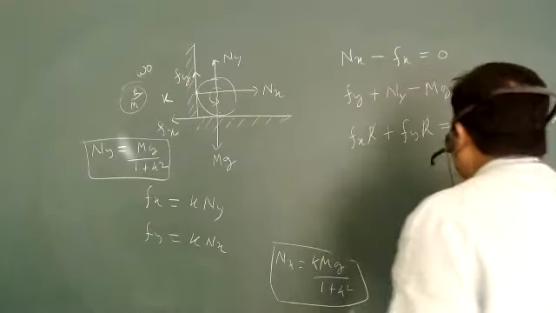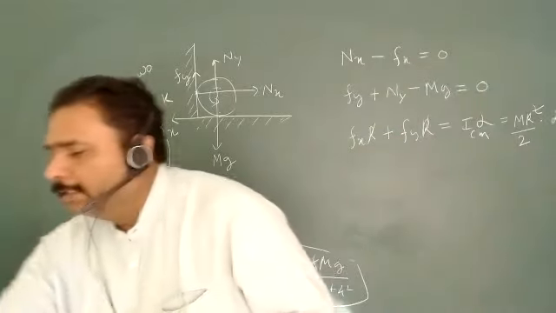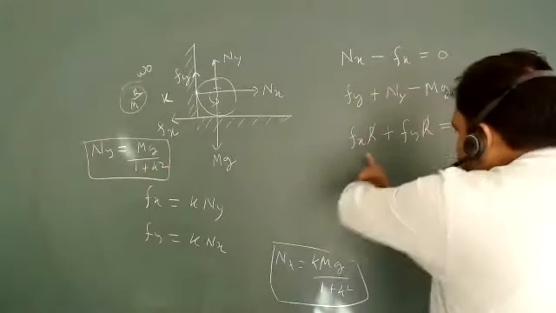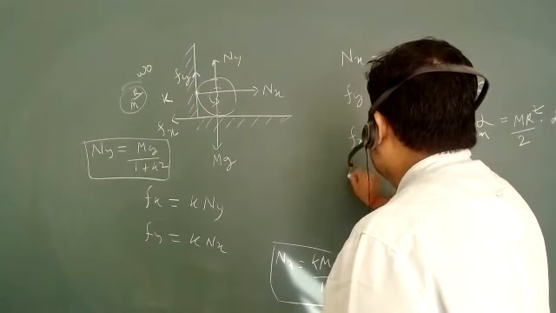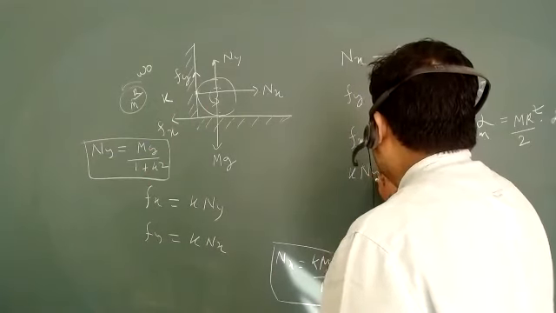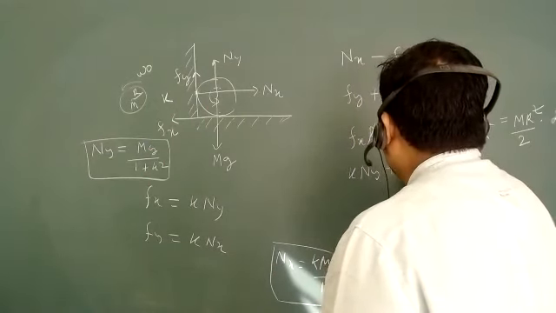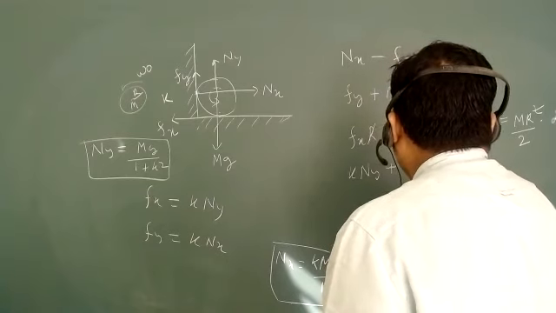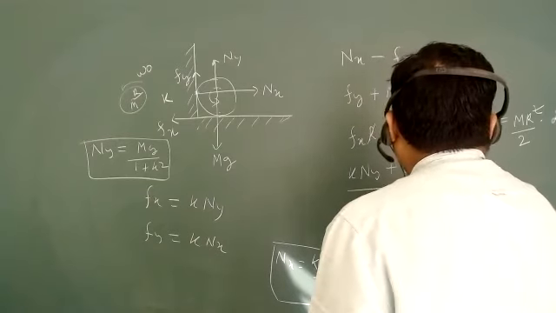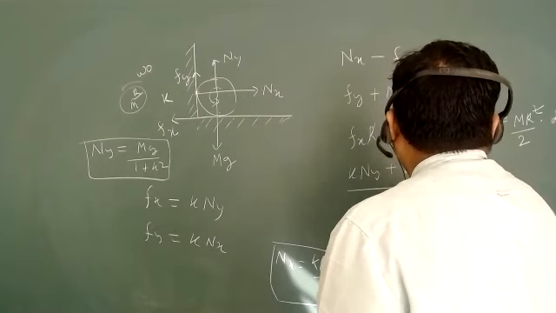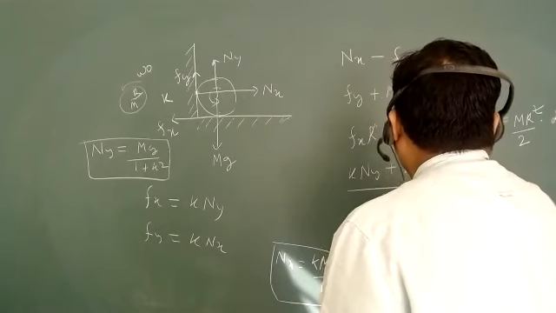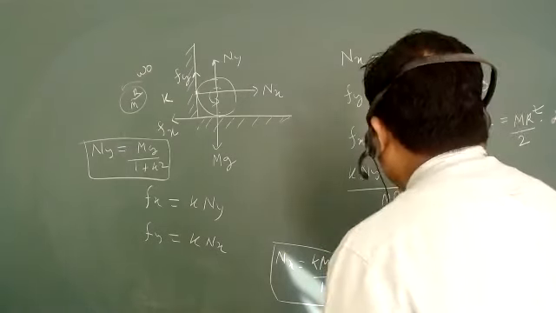And the calculation is not tough. The calculation is just a smart calculation. So what is Fx? Fx is equal to K Ny, and what is Fy? K Nx, and here I can go for mr by 2, that is the value of alpha, isn't it?